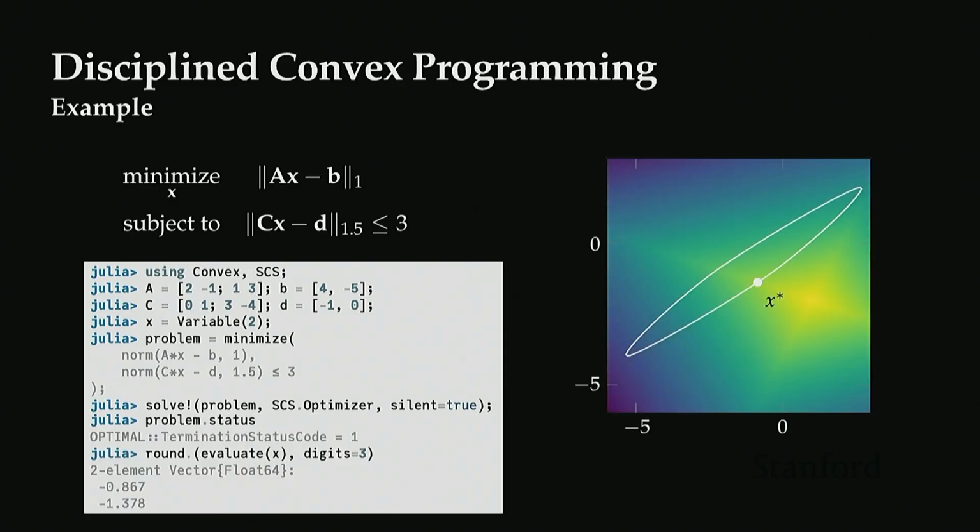And in a couple of iterations, and maybe a tenth of a second, you'll get just the right answer. So you'll get the answer that x star falls on this constraint circle in white and is as close as possible to the yellow diamond there. And importantly, you can do this for any problem that falls into this DCP category.